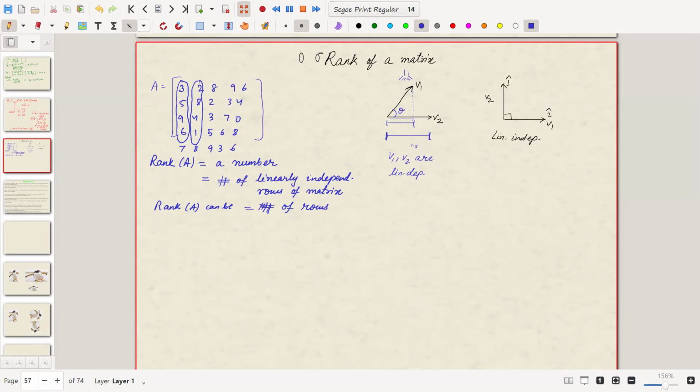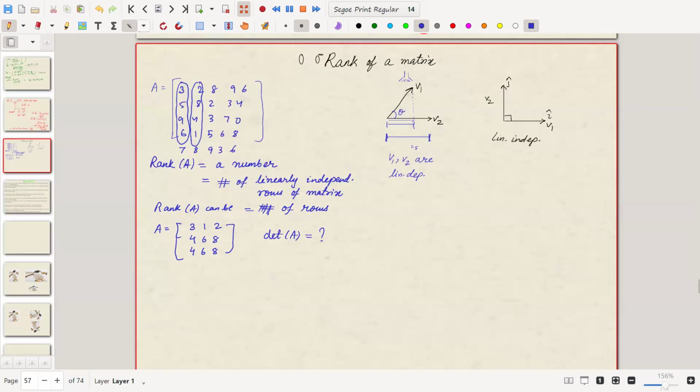One good way to check the linearly independent or dependent property for this rank is to check the determinant. Suppose you have this matrix. Can you give me the determinant of A?